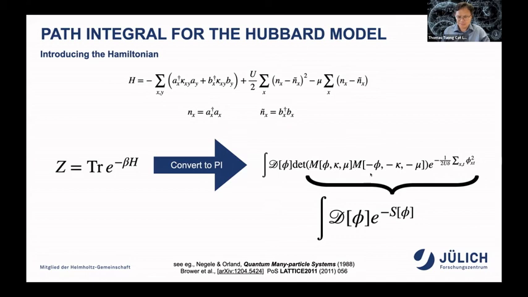And it turns out that, depending on the system we're looking at, the parameters and the geometry, there may be configurations of phi such that the determinant actually becomes complex, and therefore we have a sign problem. Also important is that there may be configurations of phi where the determinant vanishes.